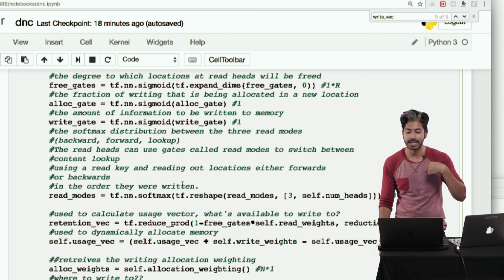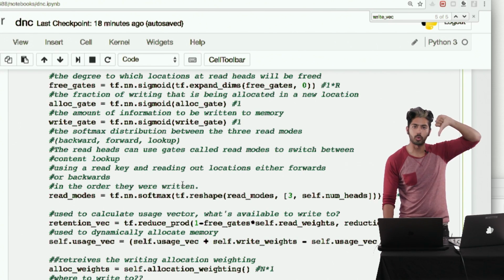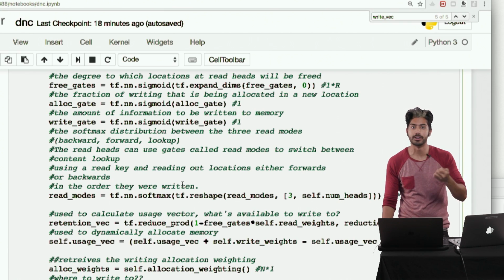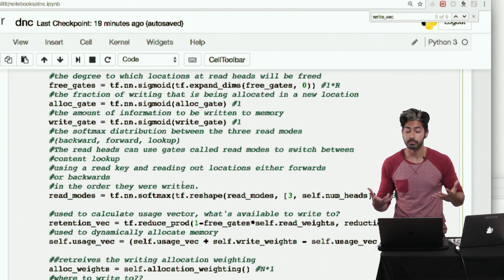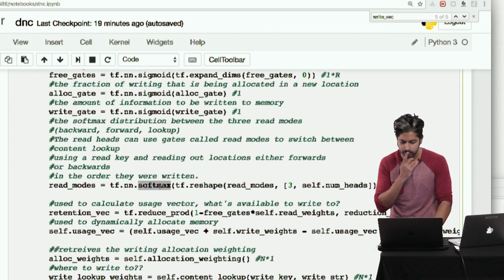It's an addition to the read weights that helps define whether we should read in a forward direction or a backward direction, and this learns how to do that. We just define that there should be a direction with which we're reading, and create some differentiable value that we can then learn to update via training.